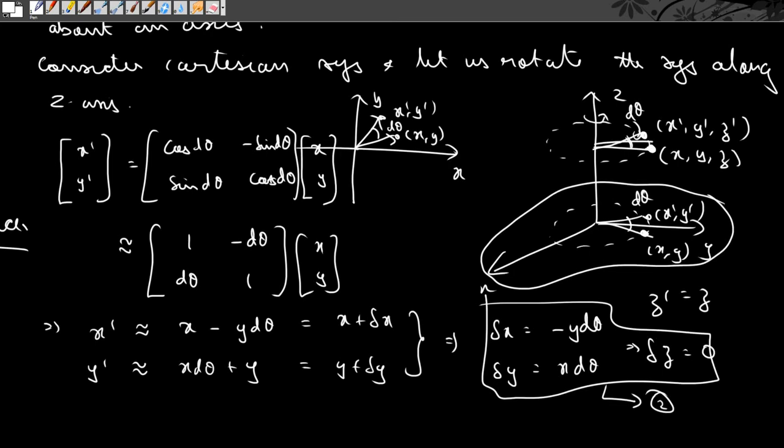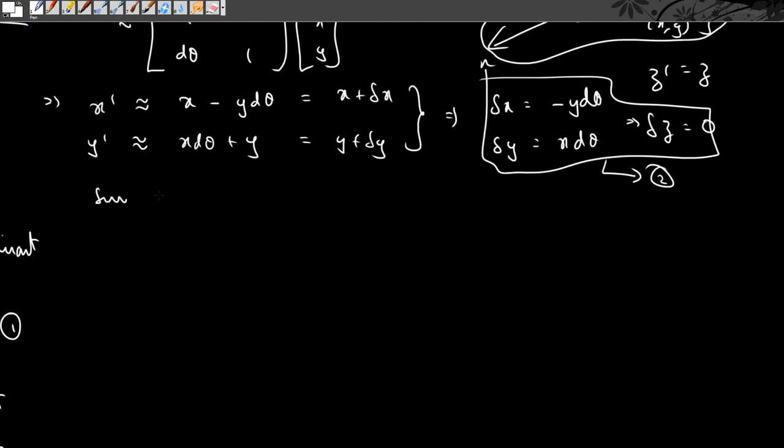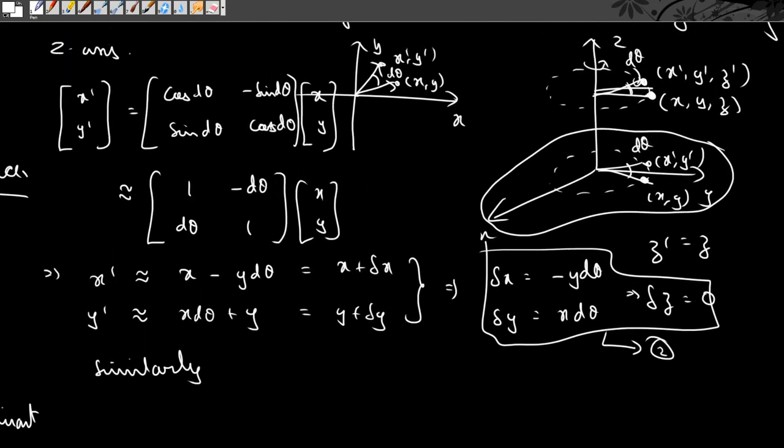Okay, so in a similar fashion, since we are working in phase space, we need to also consider what happens to the conjugate momentum. So momentum also can be expressed as a vector in the xyz space as just p here like this.